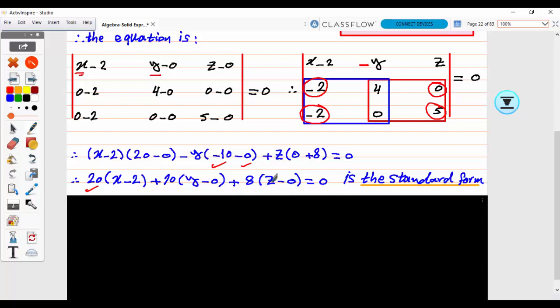We write z minus 0. Of course, here z is z minus 0, y is y minus 0, x is x minus 0. We must write it in this form to get the standard form.